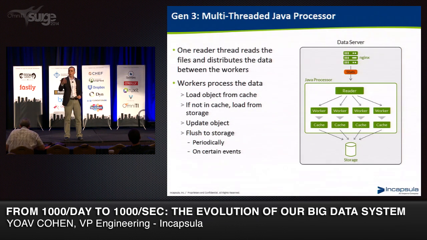So we put all the messages in a different file, and then the worker thread, which also runs in loops, starts its iteration, sees how many files it has, reads the messages from the file and loads the object from cache.